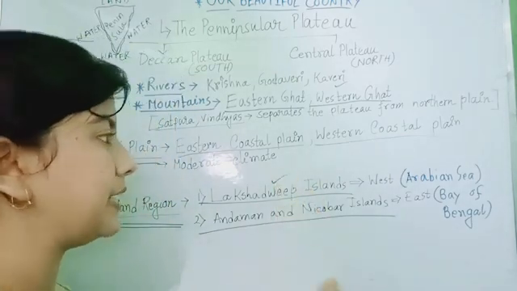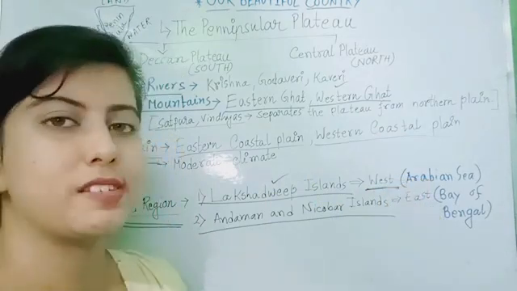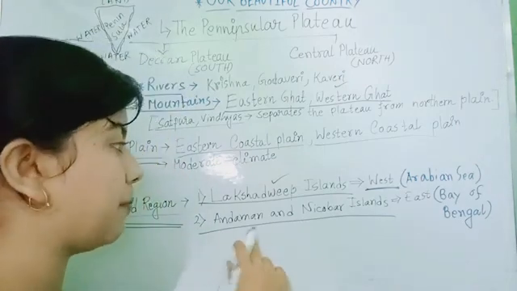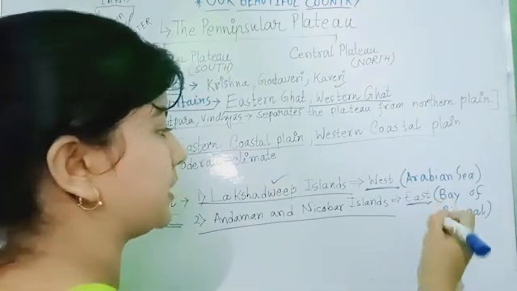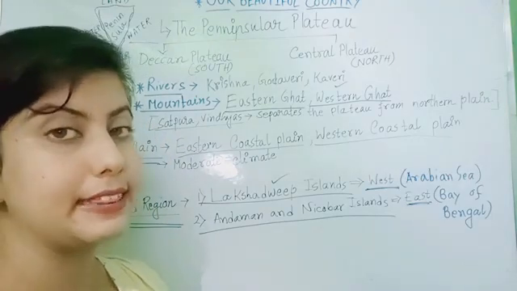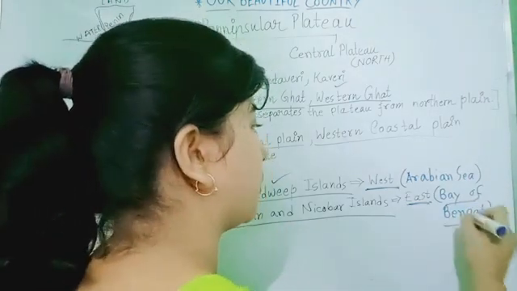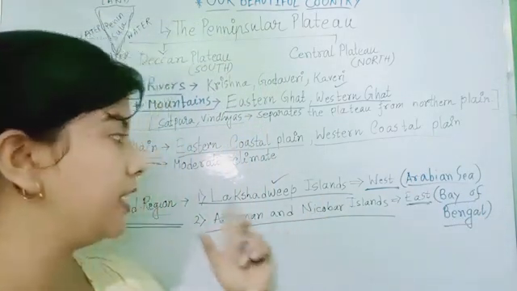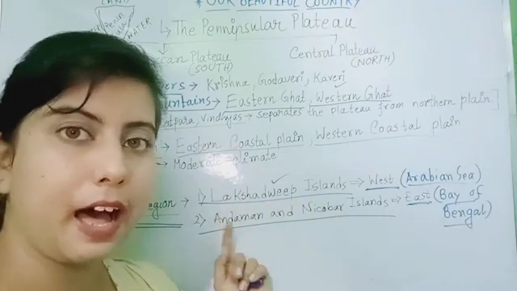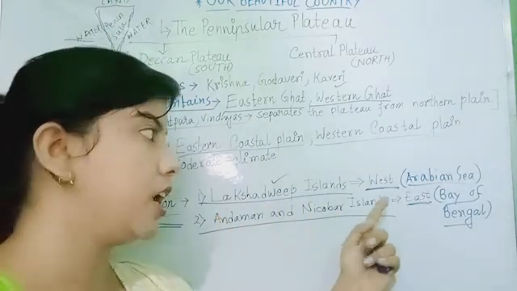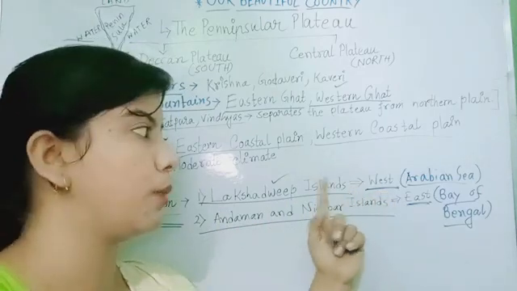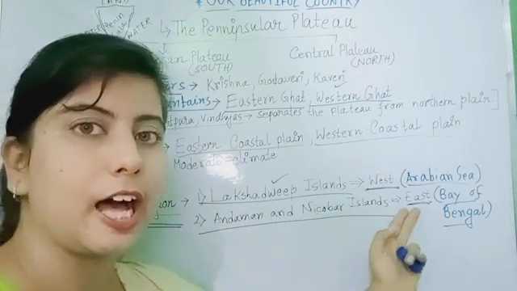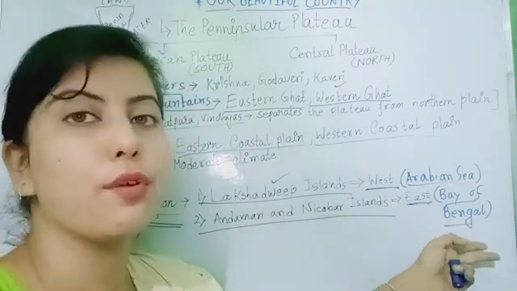The Lakshadweep Islands are situated in the west part in the Arabian Sea, and the Andaman Nicobar Islands are situated in the east part, in the Bay of Bengal.